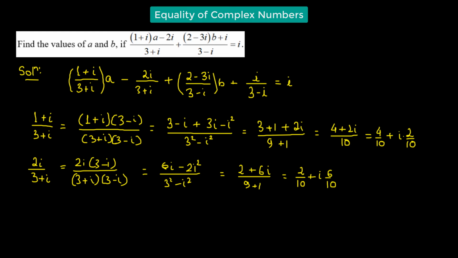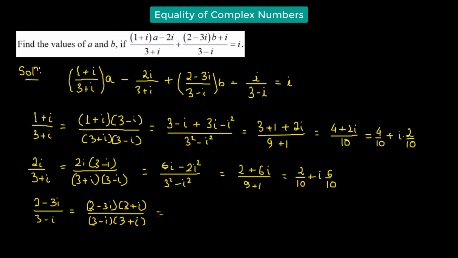Now we work on the third term, which is 2 minus 3i divided by 3 minus i. That will be equal to 2 minus 3i multiplied by the conjugate of the denominator, which is simply 3 plus i, divided by 3 minus i times 3 plus i.